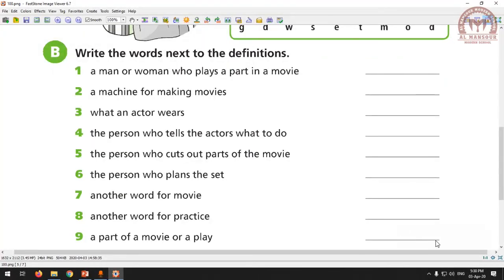Okay, I'm gonna do this one for you too. I'm gonna do like one or two of them. A man or a woman who plays a part in a movie is an actor. You can just write actor. A machine for making movies is a camera. Okay? You can try to do the rest by yourself.